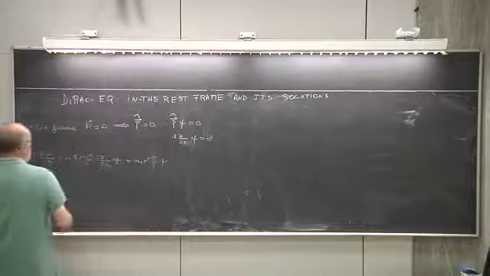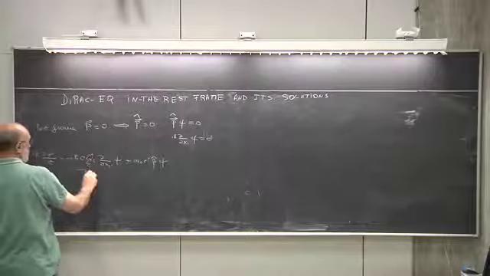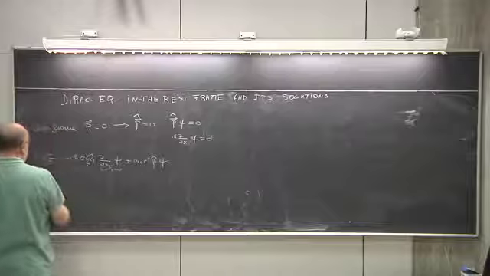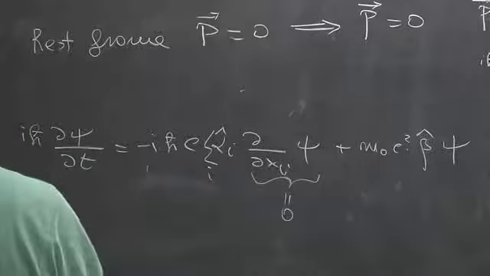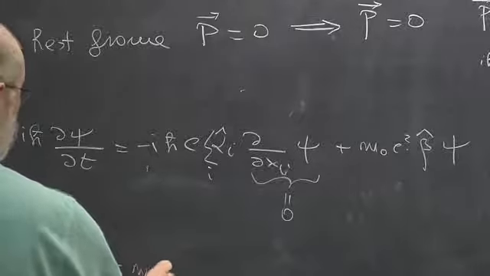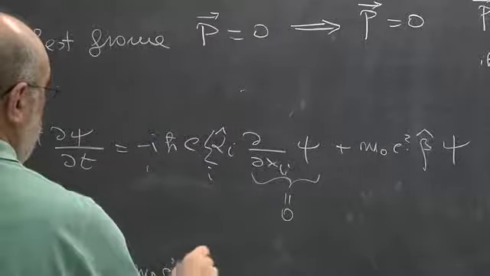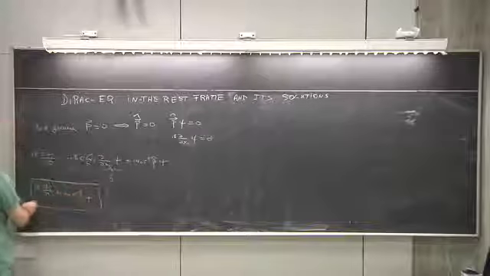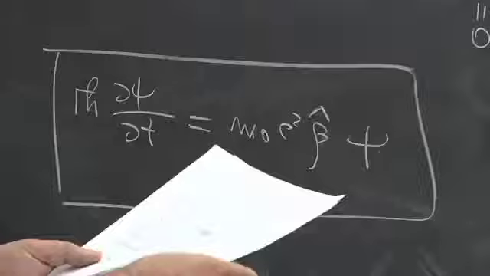Now, we are in the rest frame, so the derivative terms are 0. So the equation boils down to iħ dψ/dt equals m0 c squared beta ψ. This is the Dirac equation in the rest frame.